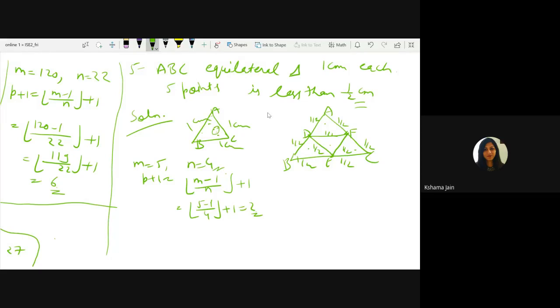Okay, clear or doubt? Clear, ma'am. Okay, this was the pigeonhole principle. Any doubt in the whole? Then you can ask. Otherwise, this is done, pigeonhole principle. Then I will move to the next topic. And if you want to ask anything, you can go ahead.